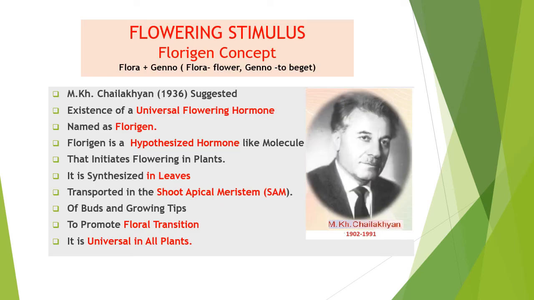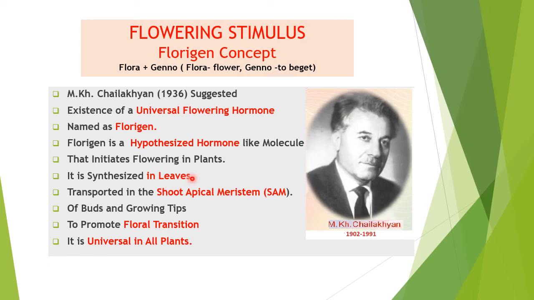So that means the flowering stimulus which is there was named florigen. It was given a name because there is a flower to beget. It was Chailakhyan in 1936 who suggested the existence of a universal flowering hormone named florigen. Florigen is a hypothesized hormone-like molecule, though now it is not, that initiates flowering in plants.